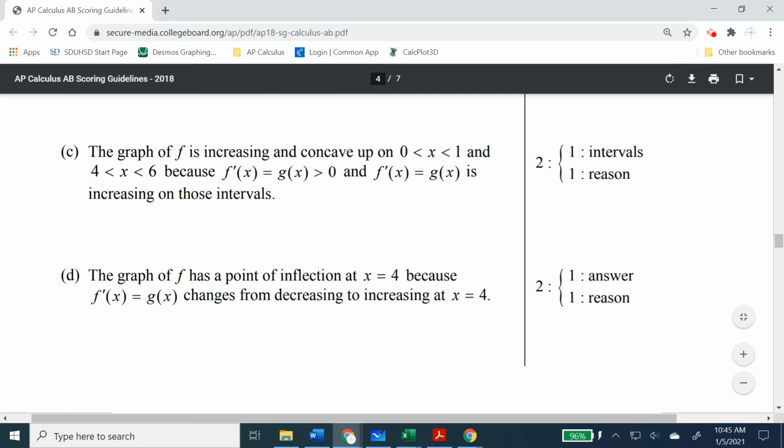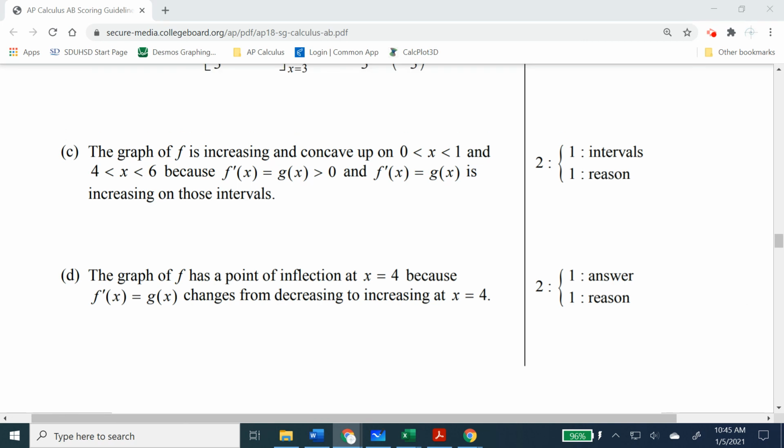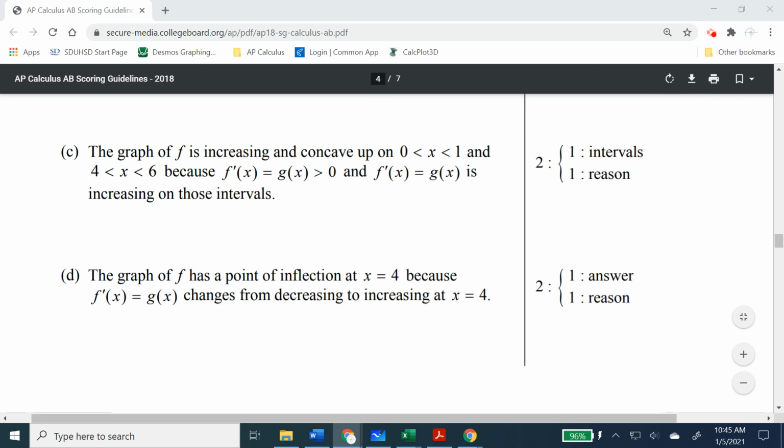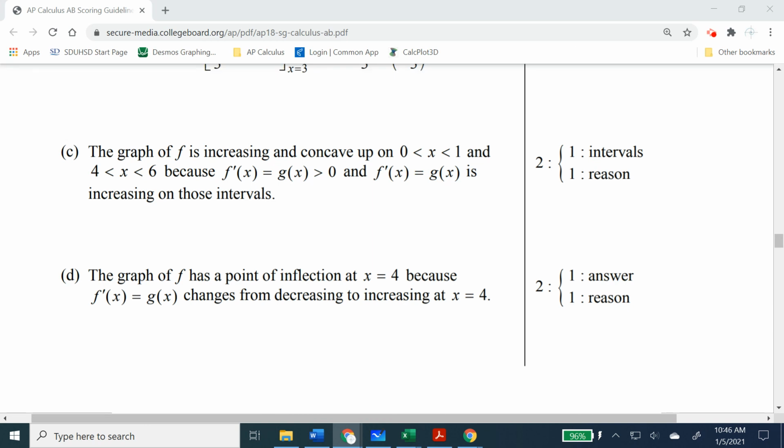Okay, any questions on that problem? Yes. For part C and D, do you have to correlate the f and g together, or can you just say when f prime is greater than 0 and f double prime is greater than 0, or would you have to connect it back to g? It's best if you connect it back to g.